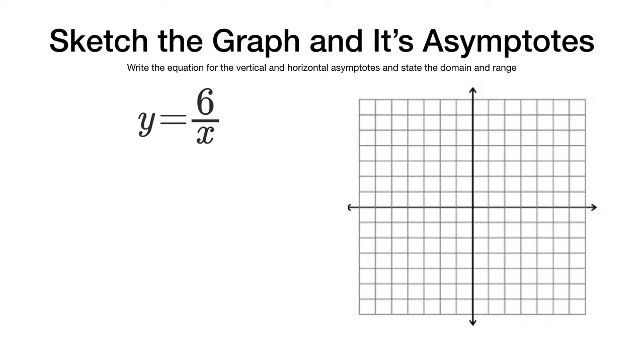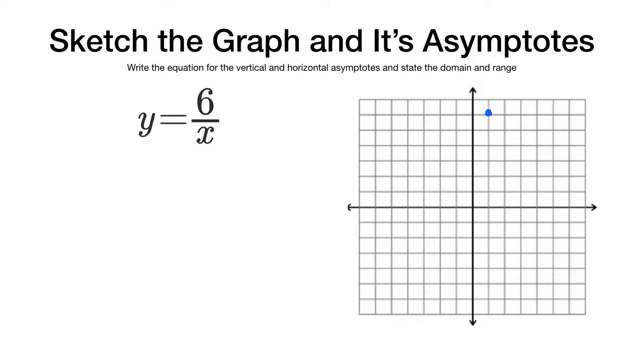So what we're going to do is sketch a graph and its asymptotes. We're going to start with this one, 6 over x. If you look right here, this is the equivalent of a when we've been talking about transformations, meaning this will be a vertical stretch. So in this case, that means that at 1, instead of equaling 1, we're going to end up equaling 1, 2, 3, 4, 5, 6.